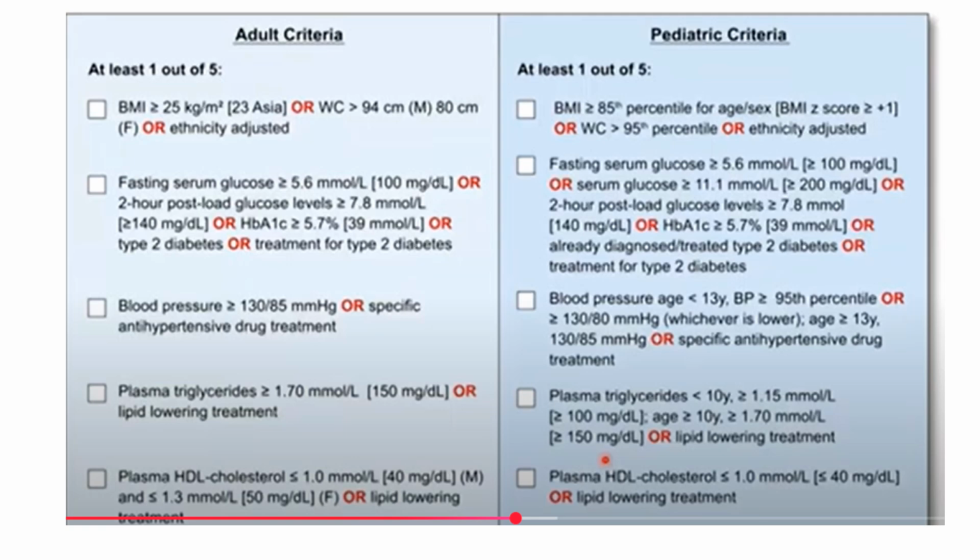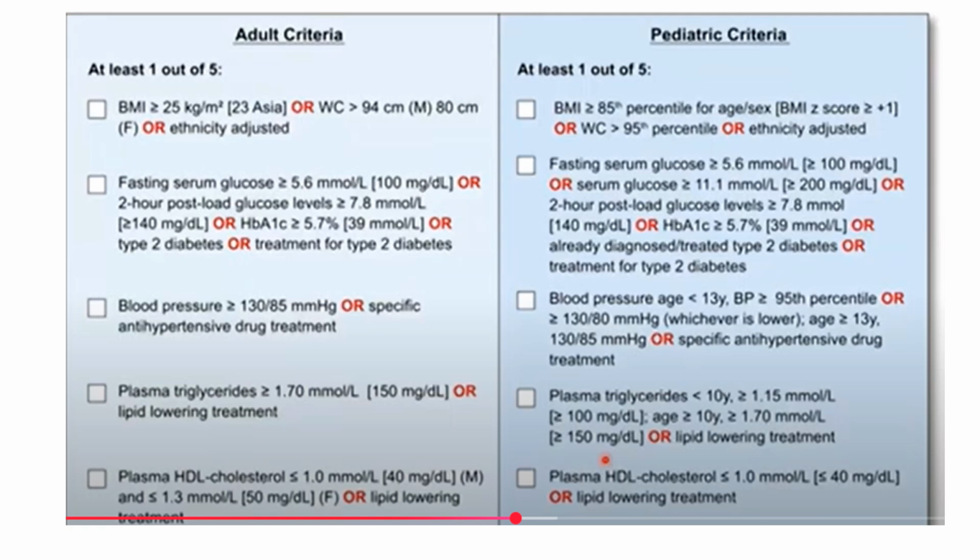This is the criteria that is used for diagnosing adults and children with metabolic dysfunction. We see a lot of pediatrics with metabolic dysfunction because of obesity. We also see them with fatty liver disease.